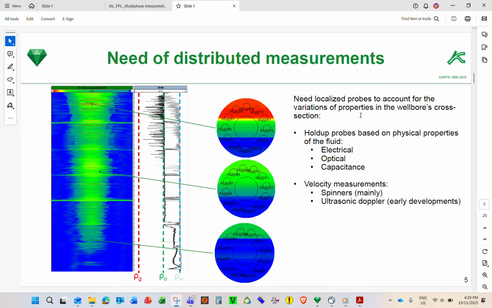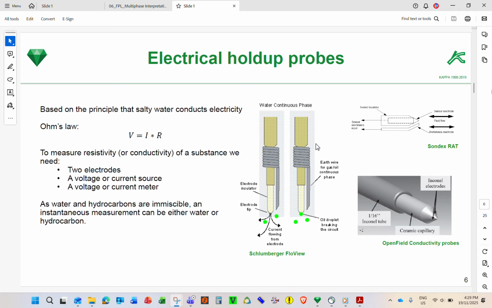So this is the electric principle. All the manufacturers' principles are similar. You have two probes, but the two probes are very close to each other, maybe just 0.5 millimeters between them. If you are in continuous water, water is considered conductive, so there will be no voltage. The signal is zero.